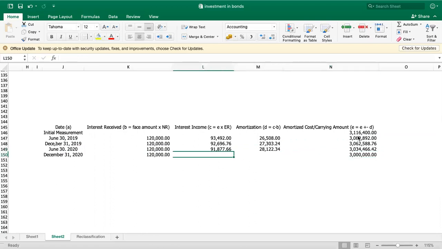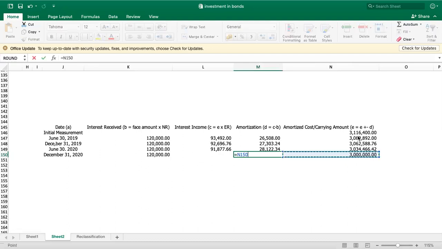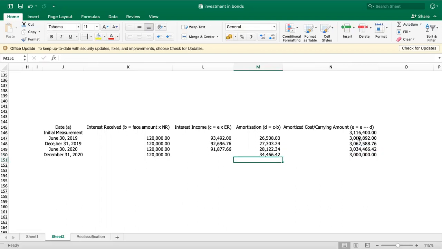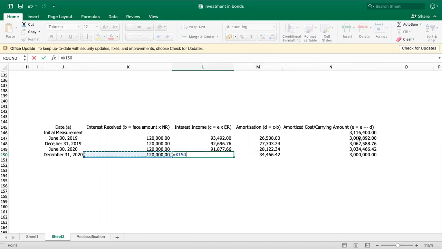Ito, last year. Again, last year, our goal dapat umabot ng 3 million. Therefore, ilan dapat yung amount ng amortization natin on the maturity date? Siyempre dapat para maging equal ng 3 million, deduct natin dito 34,466.42. So, magkano yung interest income natin at the date of maturity? So, add lang natin to. Minus pala natin.